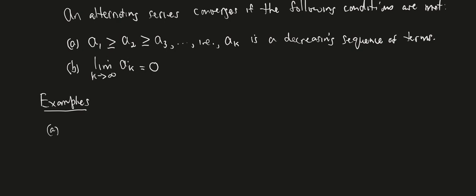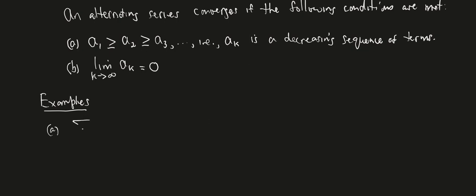If we look at the general term, the thing being multiplied by the alternating factor, do a little mental limit calculation, and see that the terms don't approach zero, then we're done. We don't even need to check decreasing. And we'll do a couple examples so we can see different ways to check that a sequence is decreasing.